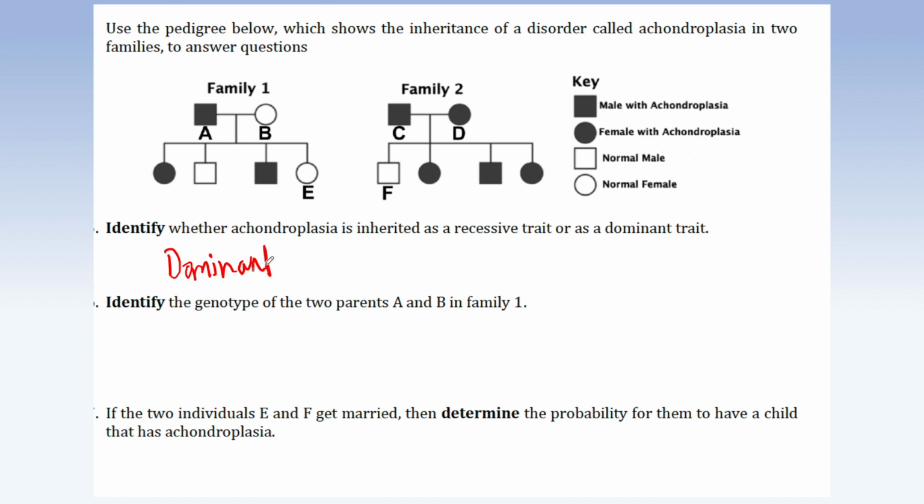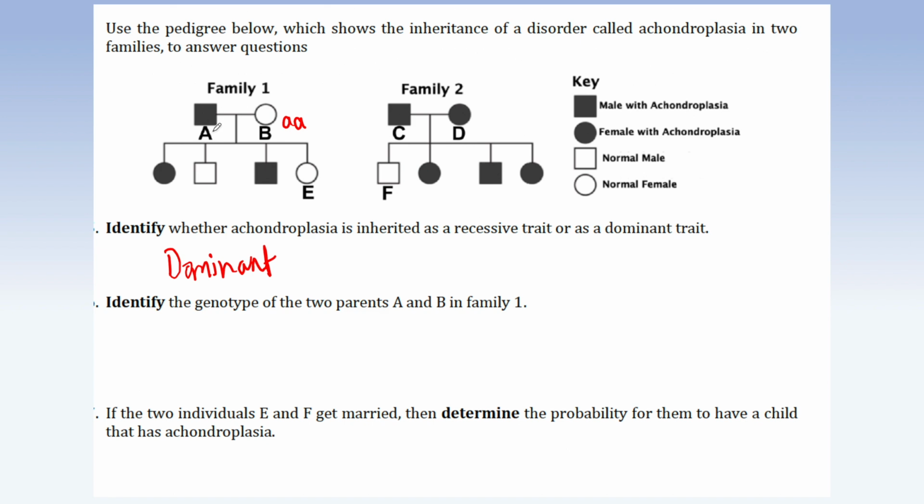Okay, now, second one: identify the genotype of the 2 parents A and B in family 1. Here you go. Now, B is very simple and easy because she is unaffected and this is dominant. What does that mean? We have only one option, which is small a small a, homozygous recessive.